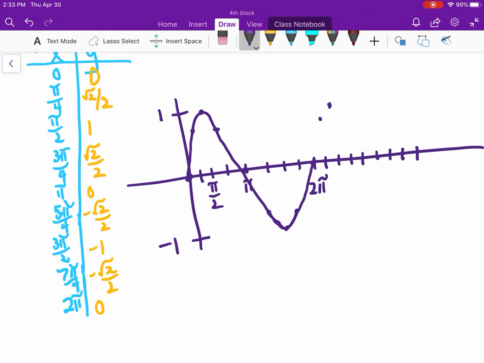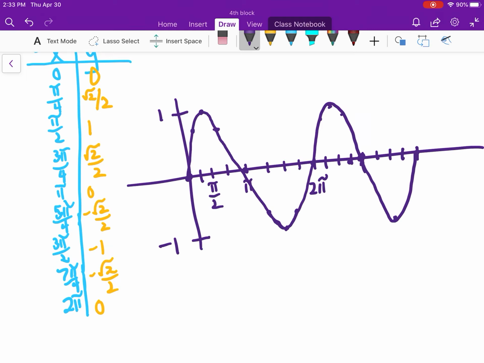Yeah, that pattern's just going to continue. So it's going to go up, up, up, and then there. It's going to look like that.